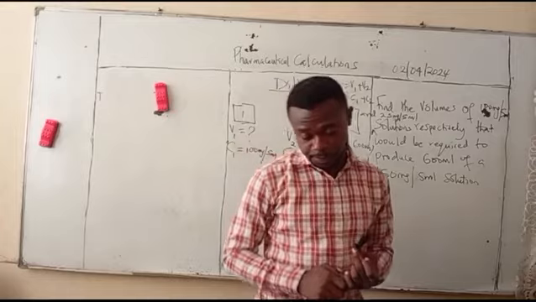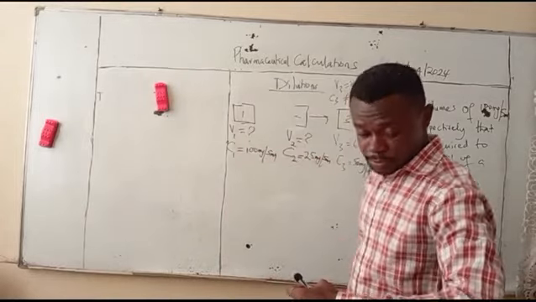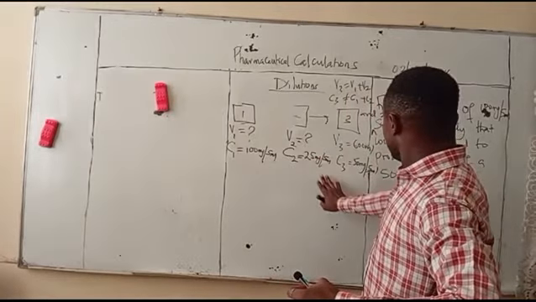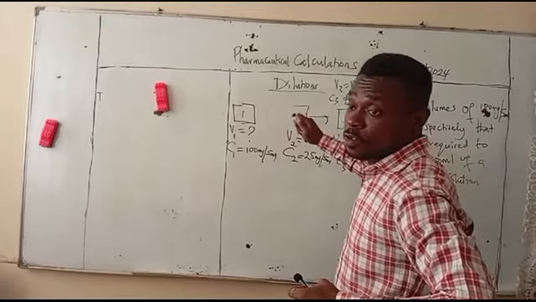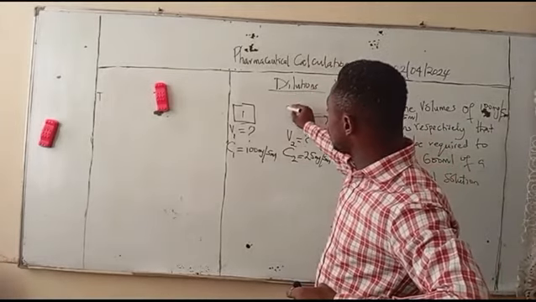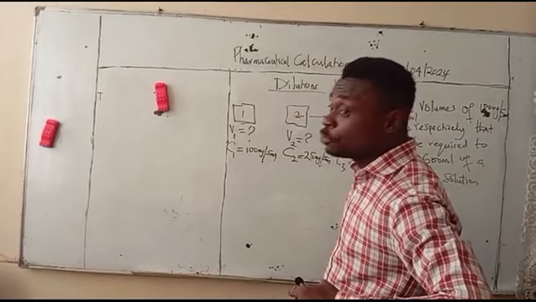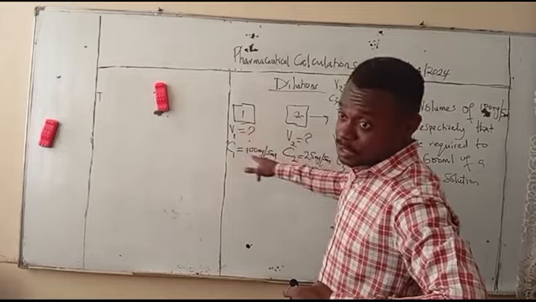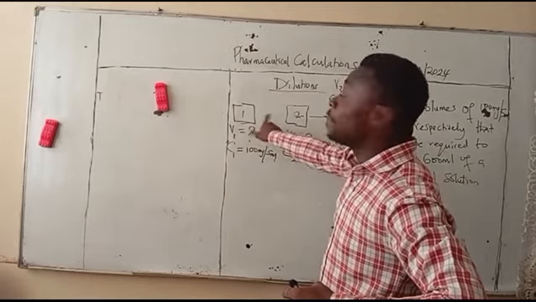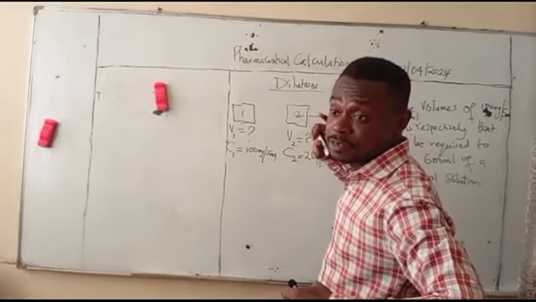Okay, so this is what I said here. When you don't know the volume or the proportion, sometimes they may not ask you about volume. Sometimes you'll just be asked in what proportion will you combine the two of them? Stop at that level.